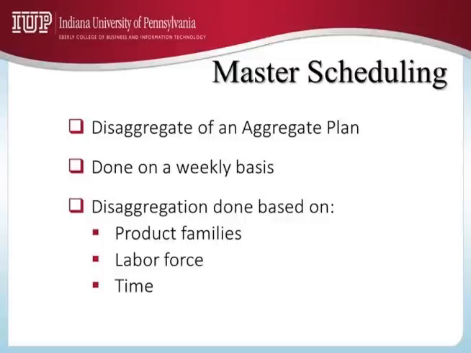And typically, there is no hard and fast rule that it has to be on a weekly basis for 2 to 6 months, but in most, especially manufacturing companies, the master schedule is for the next 8 weeks, 2 months, to 24 weeks or 6 months.